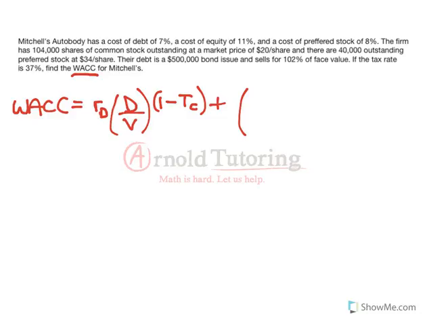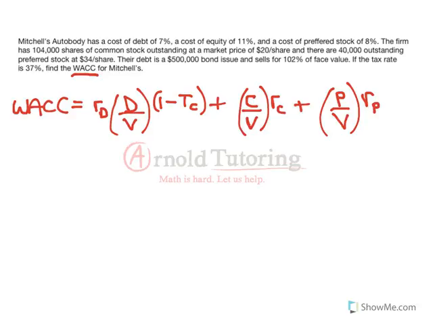So since equity is split into preferred and common, I'll write this as common over the total value of the firm times the cost of common equity, plus, no tax to consider there, plus the preferred value over the total value of the firm. That's, again, the weight issued to preferred stock times the return that we get on preferred stock. Add up all those weighted returns, and you get the weighted average.